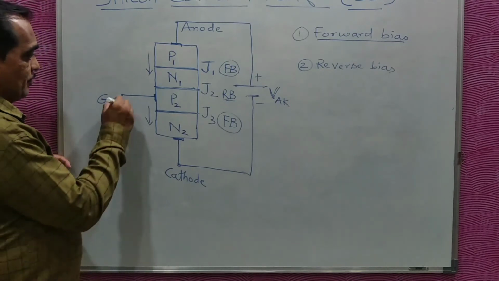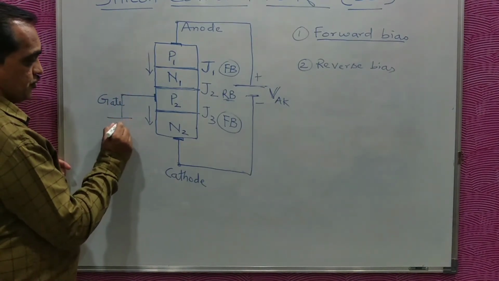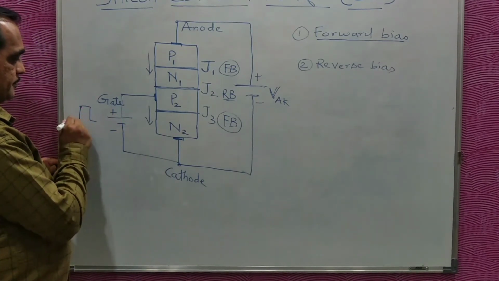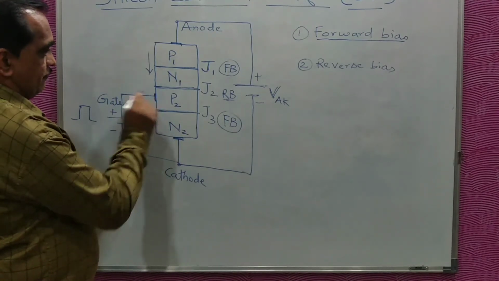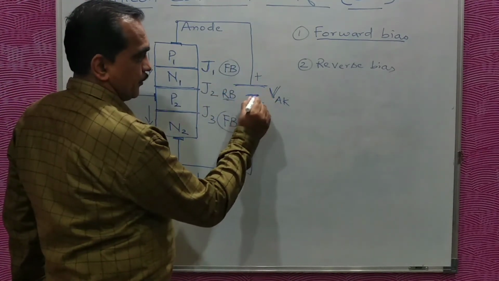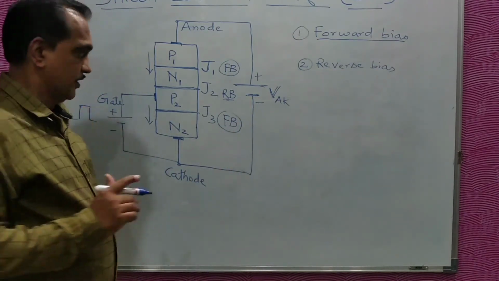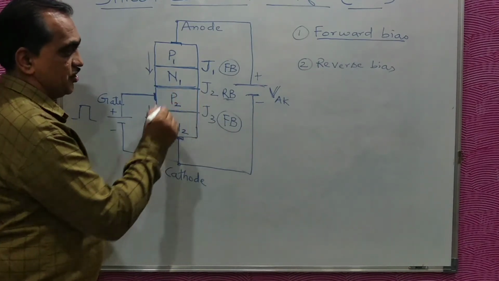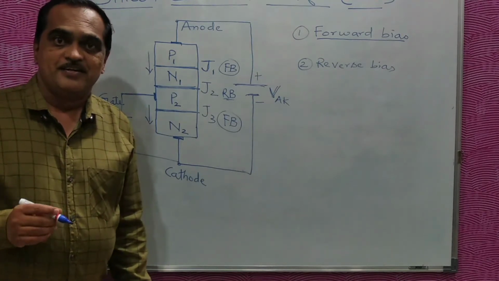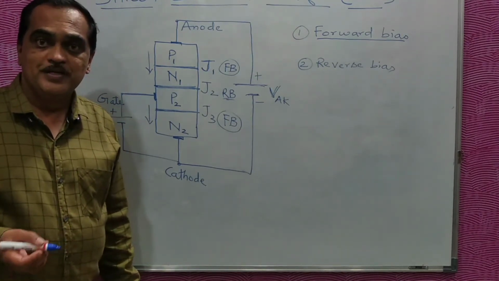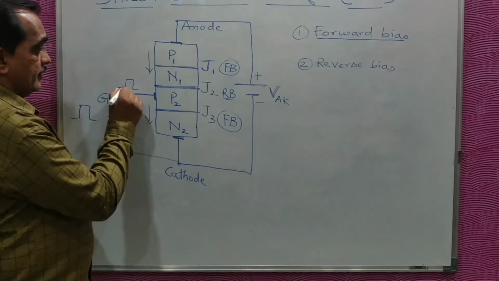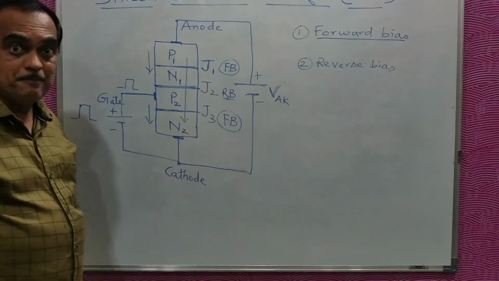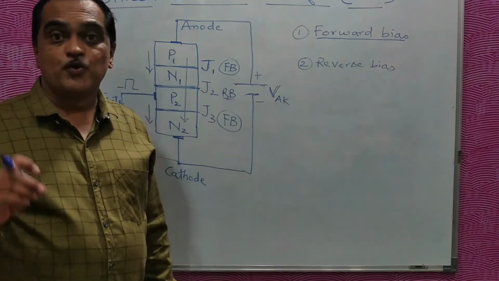If you give a positive pulse at the gate, even if the anode cathode voltage is in a minimum range, this positive pulse will make the second junction break down early, and can make the SCR on, can make the SCR conduct.